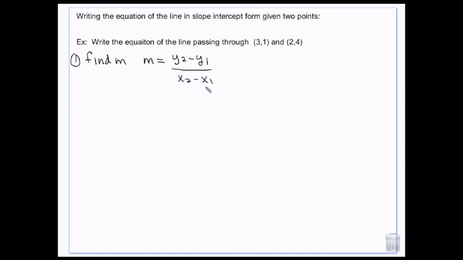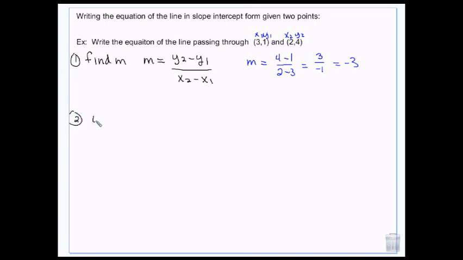We can use that formula that we've learned to do so. So first we'll find m. We'll just call this x1, y1, x2, y2. So 4 minus 1 over 2 minus 3 gives me 3 over negative 1. So my slope is going to be negative 3.